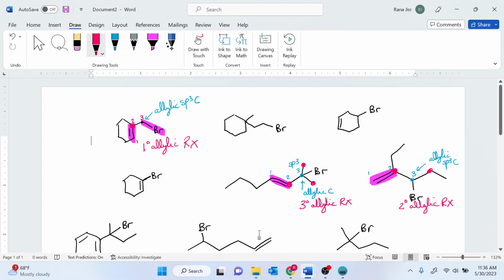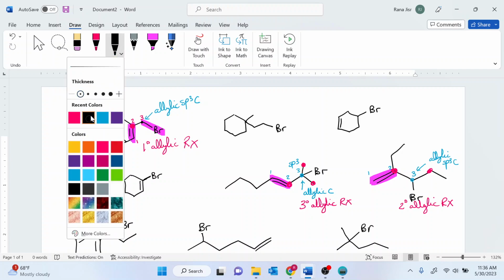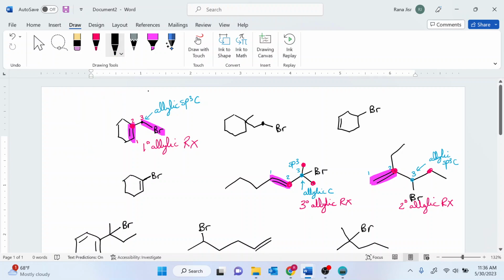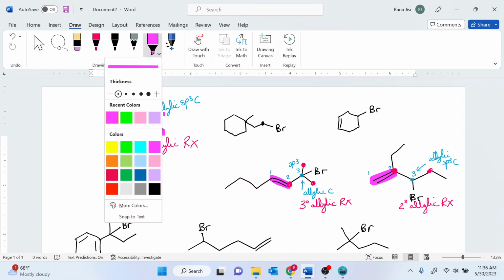The other types of alkyl halides, for example, over here, are the primary, secondary, and tertiary. See, this one has no double bond that is close to the bromine. Notice that the double bond is adjacent to the allylic carbon. So there is no double bond in here. So this is a regular primary alkyl halide.